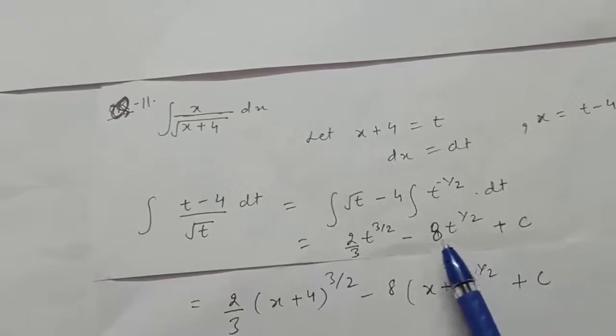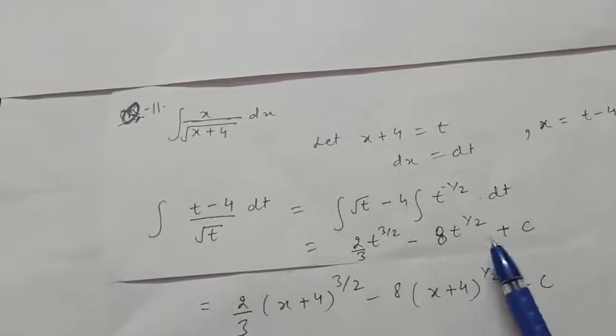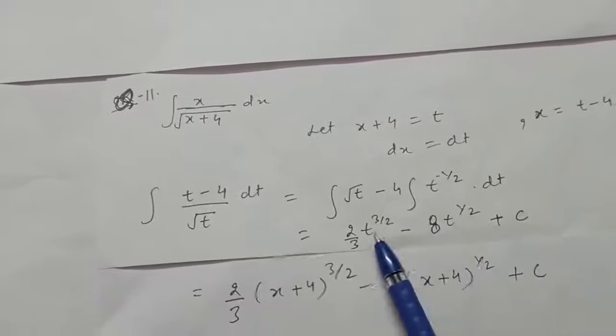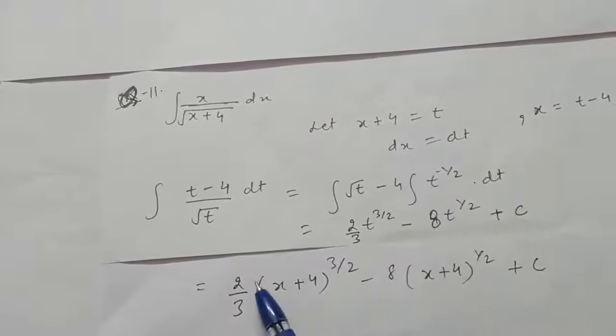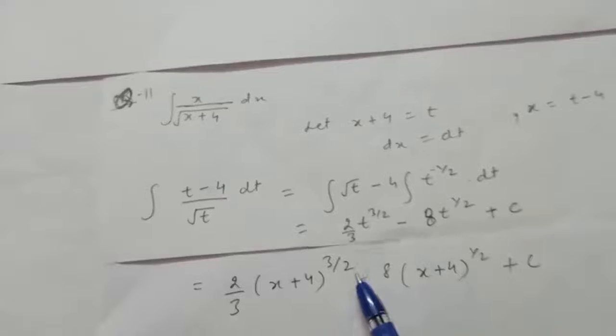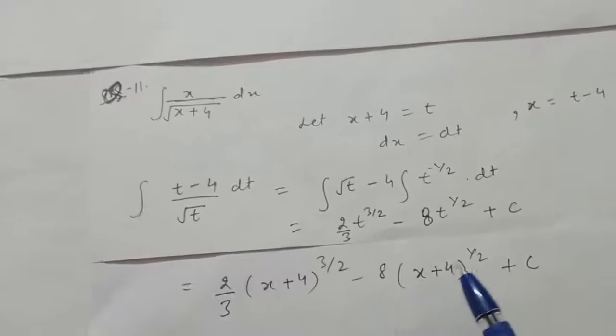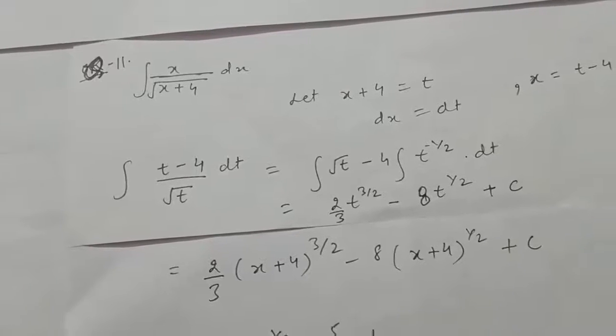But that 2 will come in the numerator and 4 is already here, so it will become 8, plus c. Now in place of t, put this value x plus 4. So you will get the answer as 2 by 3 x plus 4 raised to the power 3 by 2 minus 8 x plus 4 raised to the power 1 by 2 plus c.